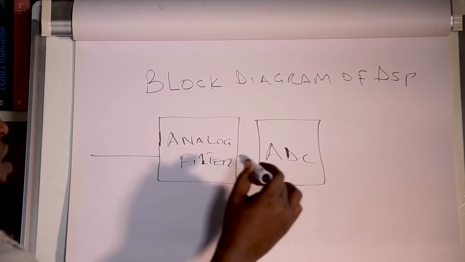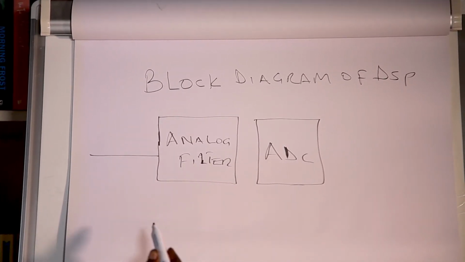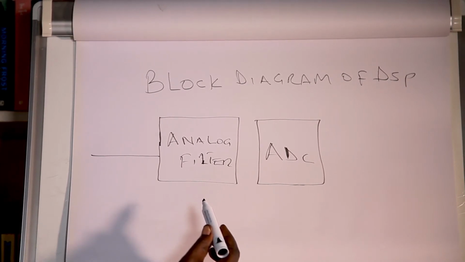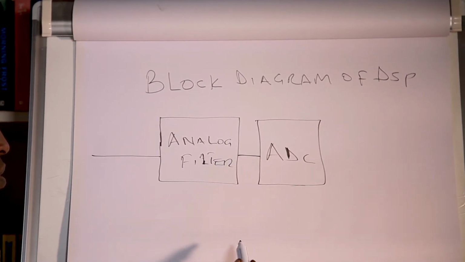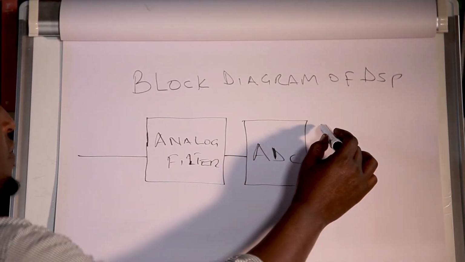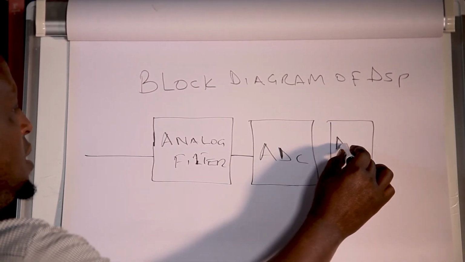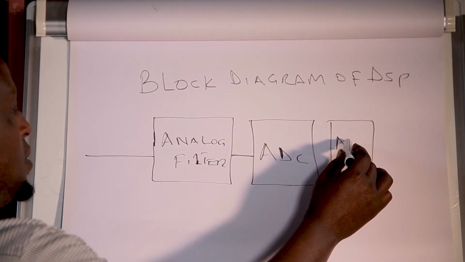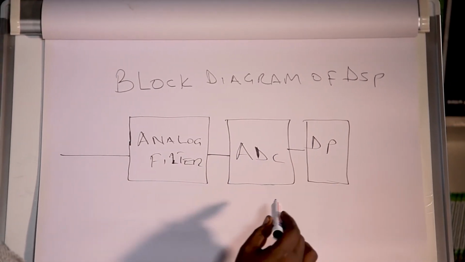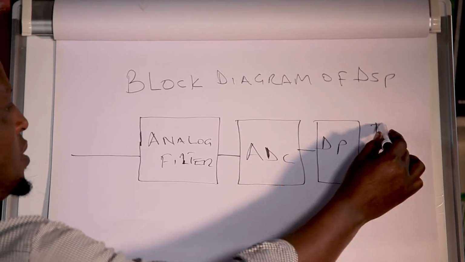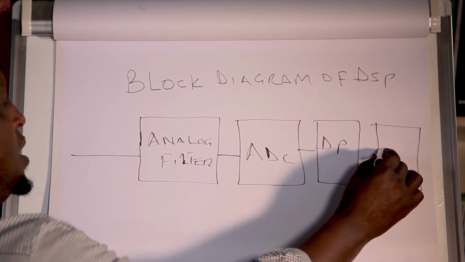We also have the ADC, analog to digital. I think we discussed this, but we want to bring the context of a filter system. So this is the digital filter, but in the whole context of DSP, digital signal processing. So we also have a DSP, digital processing.